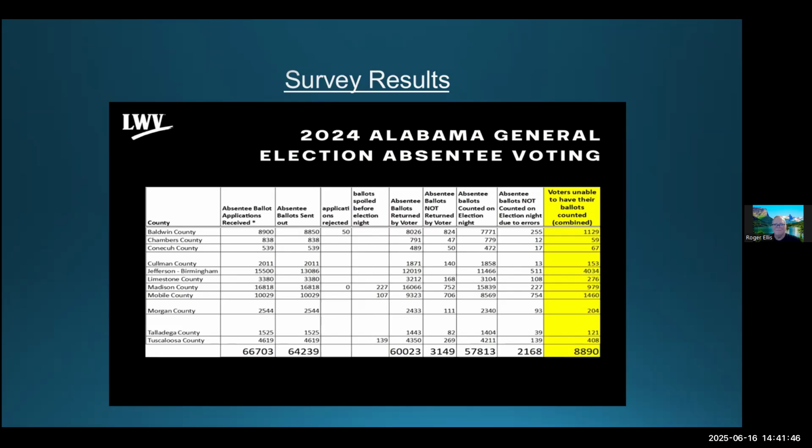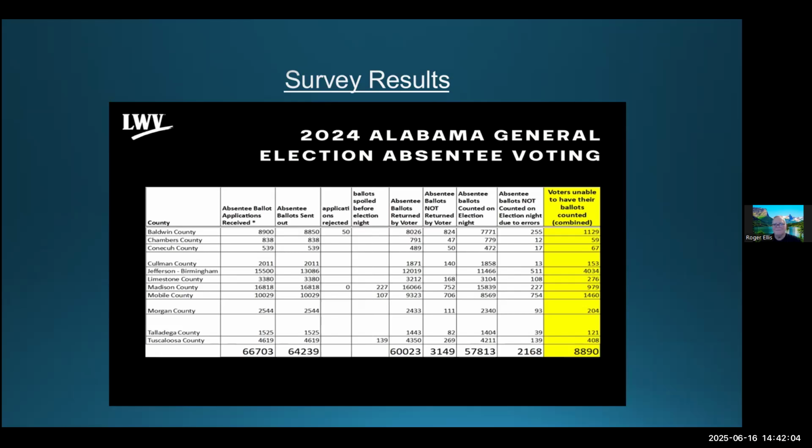And so that tells you right now that there was a big drop off in the number of people who wanted to vote absentee. And then on election night, you still had people who messed up their affidavit envelope, and that's why their ballots were not set aside.